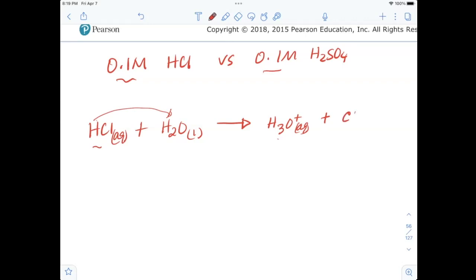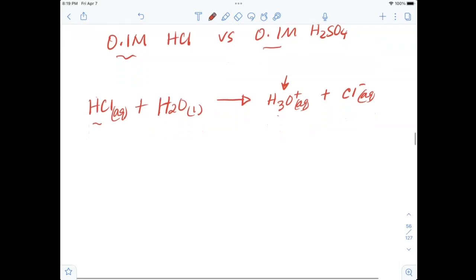What we have left behind is Cl minus, aqueous. Okay, let me remove this from here so it's all clear. Okay, we're going to use the ice table to figure out how much H3O plus is generated when the HCl interacts with the water, when it gets dissolved in water, because acidity is all about the amount of H3O plus.